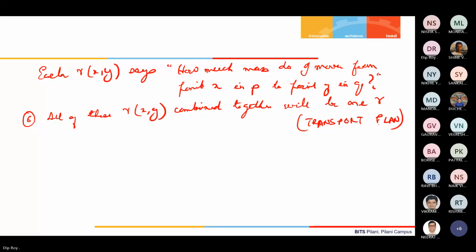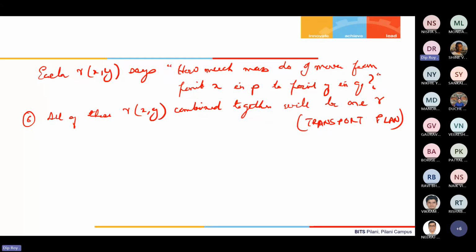Okay. So now imagine you have an entire table of rho X, Y across all combinations of X and Y. So this will be one full transport plan.